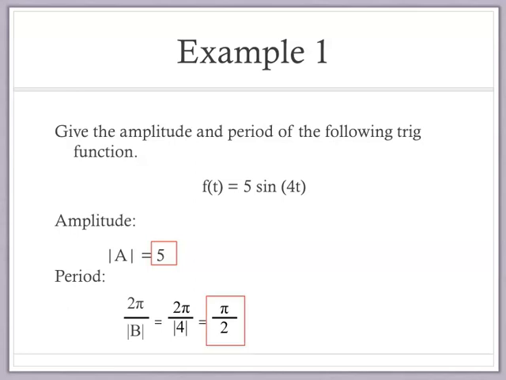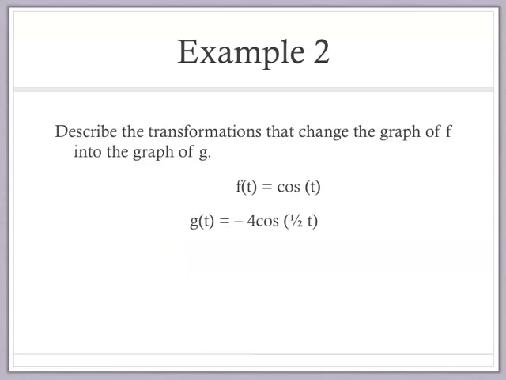That means you can fit 4 times as many cycles compared to the original parent sine function. All right, next example. Describe the transformations that change the graph of f into the graph of g. Let's just start going through it from left to right. That negative there indicates a reflection. Because the negative is on the outside of the function, this is going to be a reflection in the x-axis.